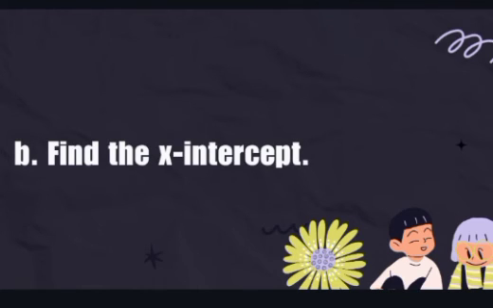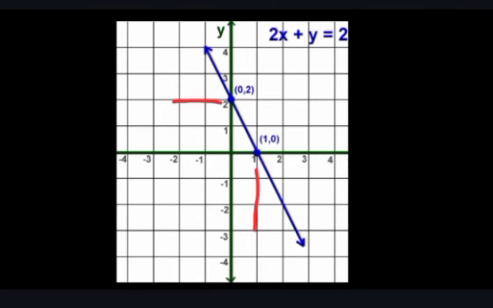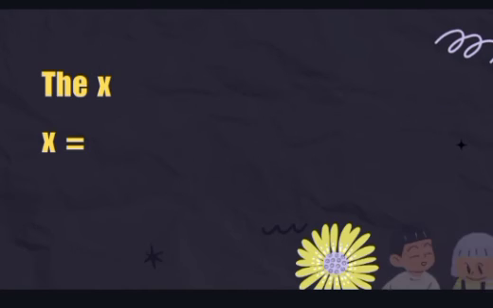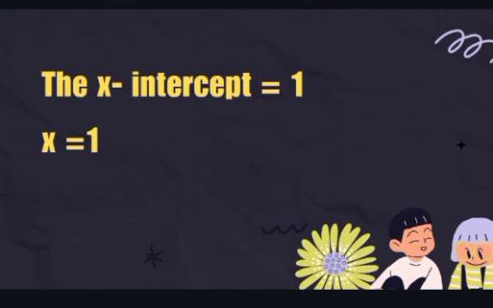Now, when we say find the x-intercept, it's simple. What we are simply saying is, look at this graph and look at where the straight line cuts the x-axis. If you look at this graph very carefully, you will see that the straight line cuts the x-axis at the point where x is equal to 1. And so our x-intercept is 1, that is x is equal to 1.